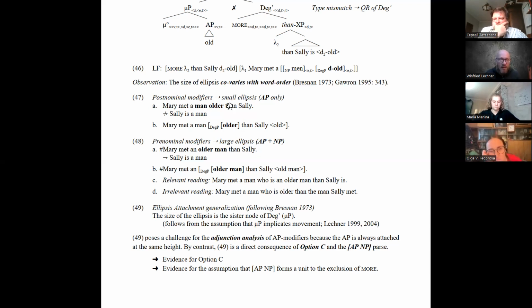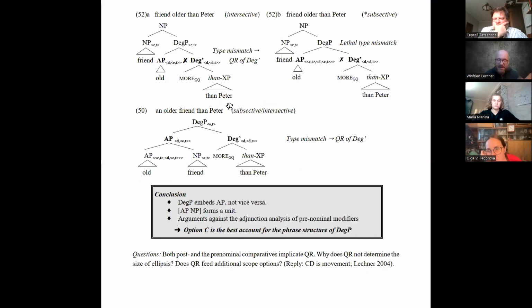Good. So I'm going to skip over the next observation. What we've seen here is a number of arguments to the following conclusion: that the degree phrase embeds the AP, not vice versa. In attributive constructions, the AP and the NP form a unit. And that is a strong argument against an adjunction analysis of prenominal modifiers.